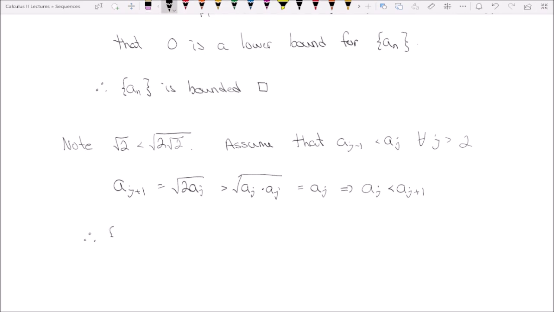Therefore, a sub j is increasing for all j greater than 2, which means that the sequence a sub j is monotonic. What we have just shown is that the sequence is bounded and monotonic.